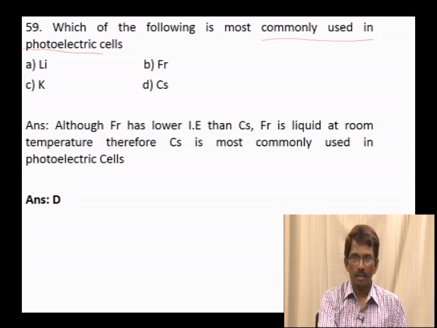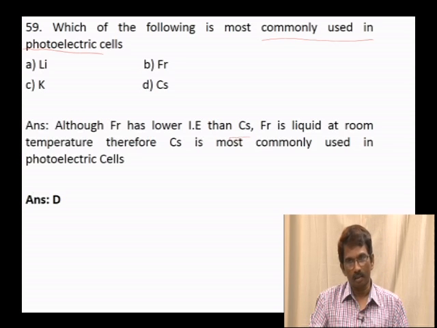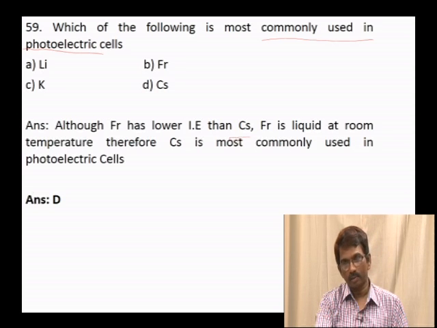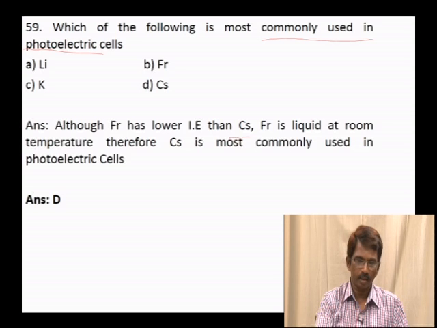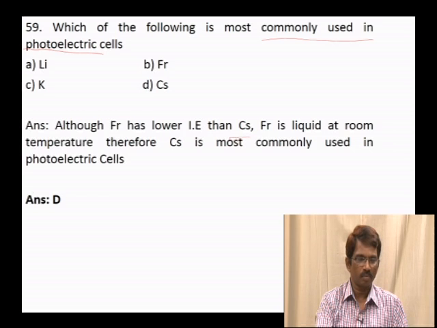say, the valence electrons of cesium can be easily removed, and therefore cesium is the metal which exhibits the photoelectric effect. So as you know, the emission of electrons when the metal surface is irradiated to solar radiation. Cesium is one such metal which can easily give out the electrons from its surface because of its extremely low value of ionization enthalpy.